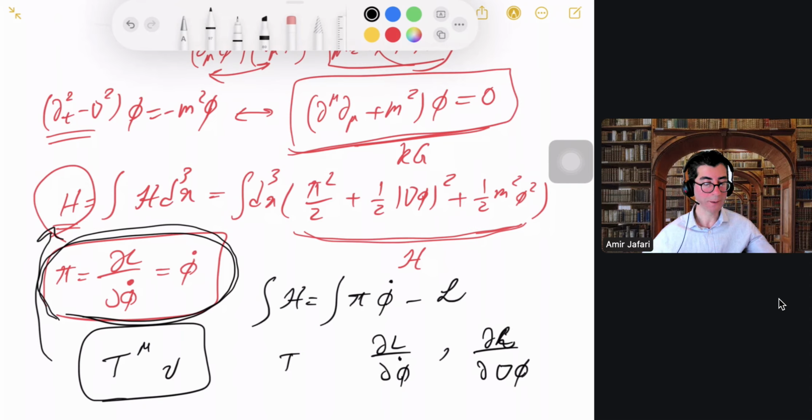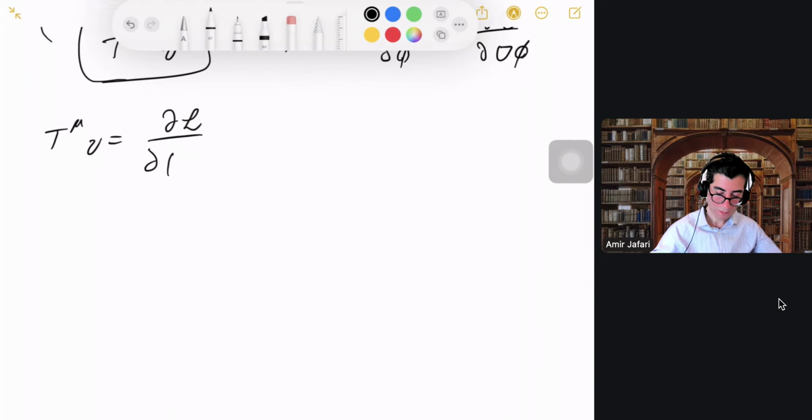Basically, you define dL over d mu phi, times d nu phi, minus delta mu nu L. So this is the definition of the momentum-energy or stress-energy tensor. Then the Hamiltonian is basically the integral of the 0,0 component of this tensor, and it can be written in terms of the Hamiltonian density.